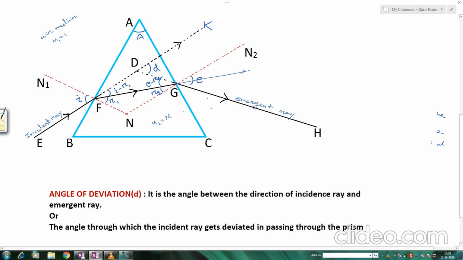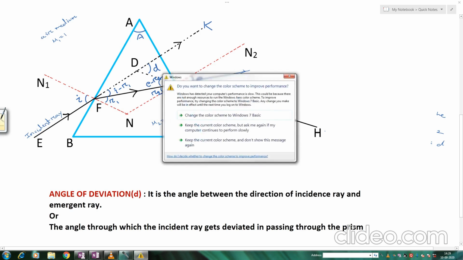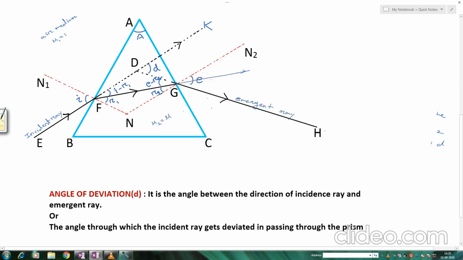Now see, this refracted ray is also called the emergent ray because it is coming out from the prism. Here the angle between the direction of the incident ray, which is EDK, and the emergent ray, that is GH, is called the angle of deviation.